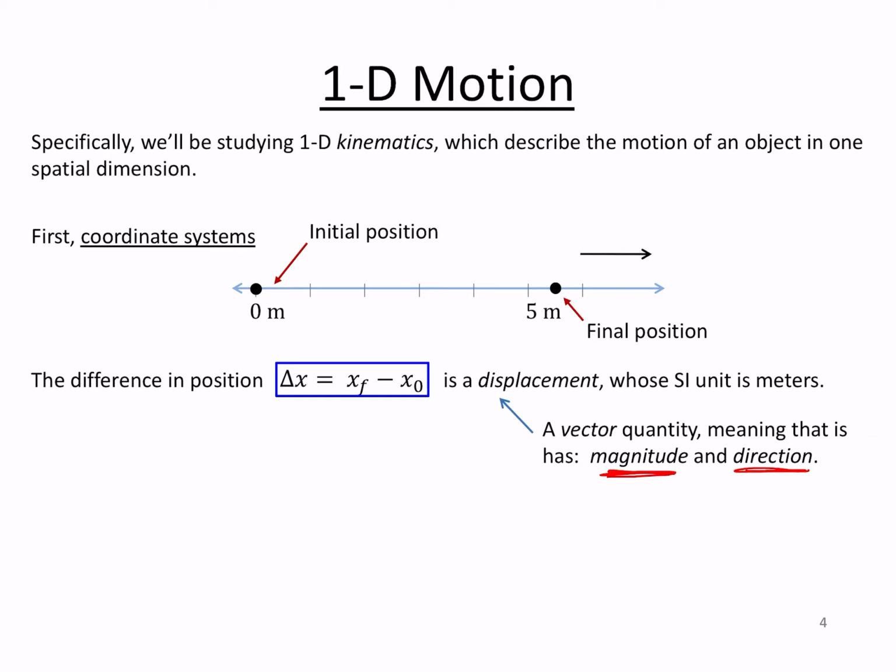Now, in this example where whatever object this is, say it's me, walking across the classroom, has gone from 0 to 5.5 meters, well, then the direction is to the right, or in our chosen coordinate system, that's a positive 5.5 meters because our final position is greater than our initial position.